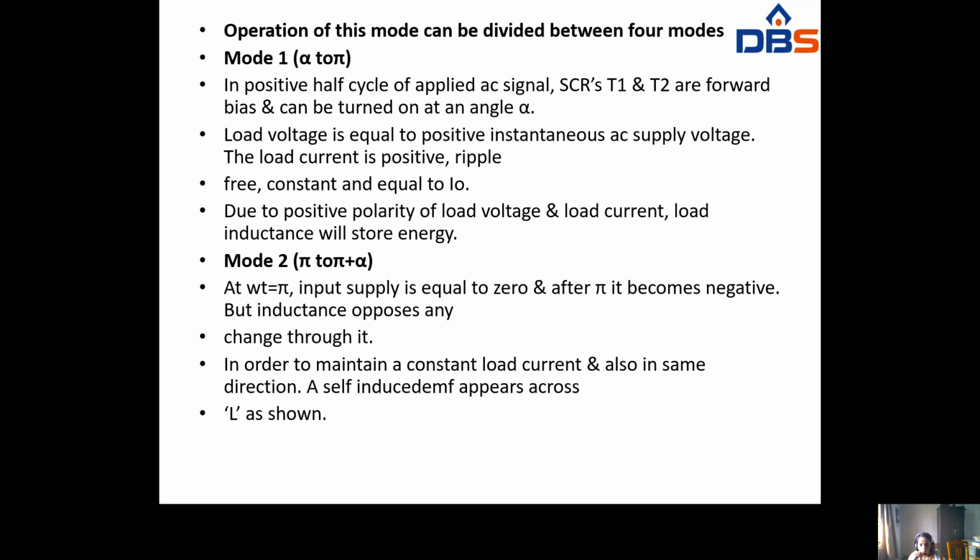So mode 2 means pi to pi plus alpha. At omega t equal to pi, the input supply is equal to 0, and after pi it becomes negative, but the inductance opposes any change of current through it. So in order to maintain constant load current in the same direction, a self-induced EMF appears across the L as shown, so the load current will be constant.